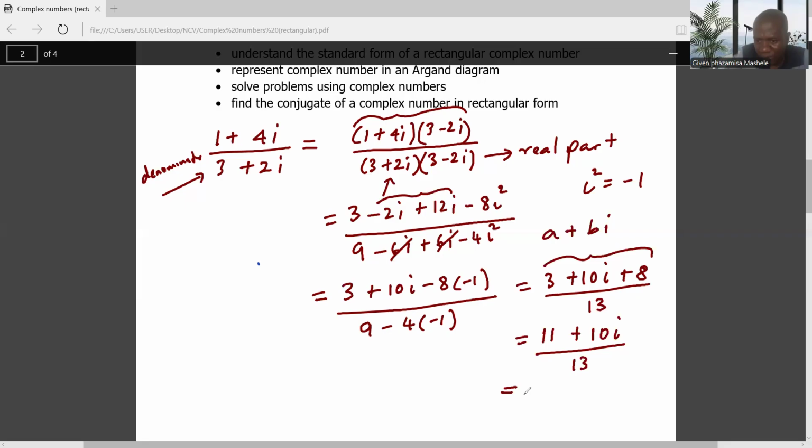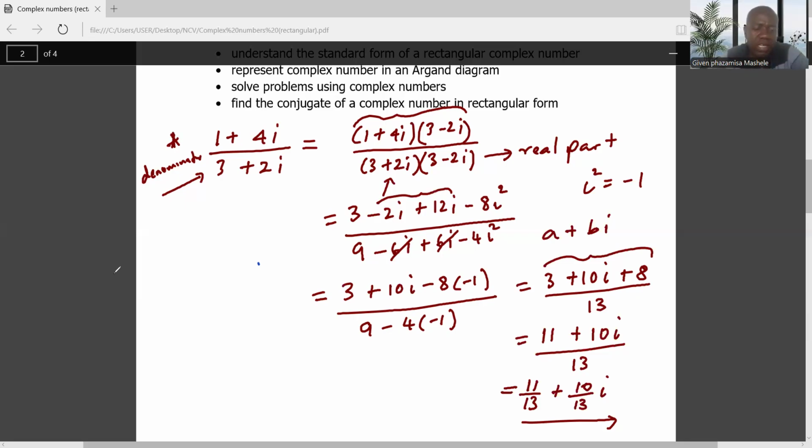So it's going to be 11 out of 13 plus 10 out of 13i. It's now in a standard form of a plus bi. I believe you are following. Always, unless we convert this to be in a polar form. It's very important.